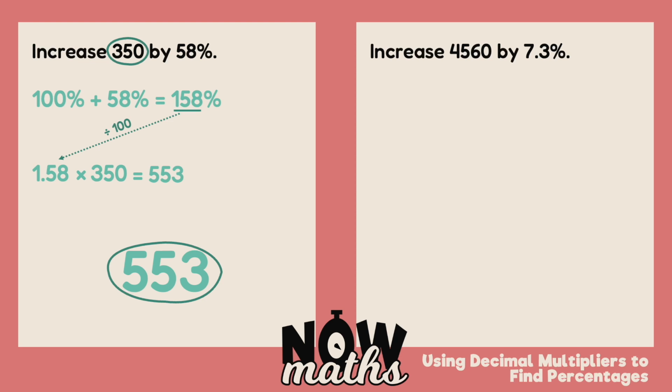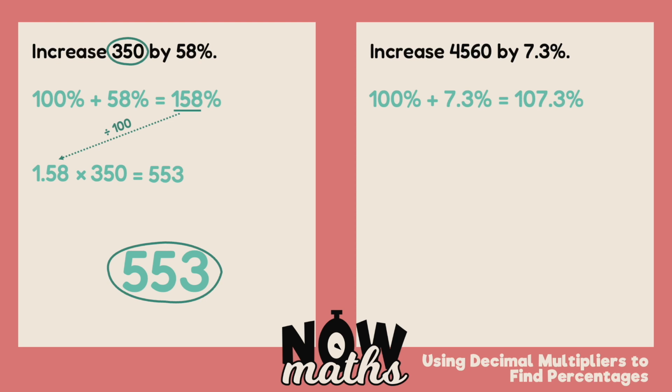Approaching the question on the right in the same way, if we say 4,560 is 100% and we're increasing by 7.3%, we need to add 7.3% onto 100% to give us 107.3%. So increasing by 7.3% is exactly the same thing as finding 107.3%.